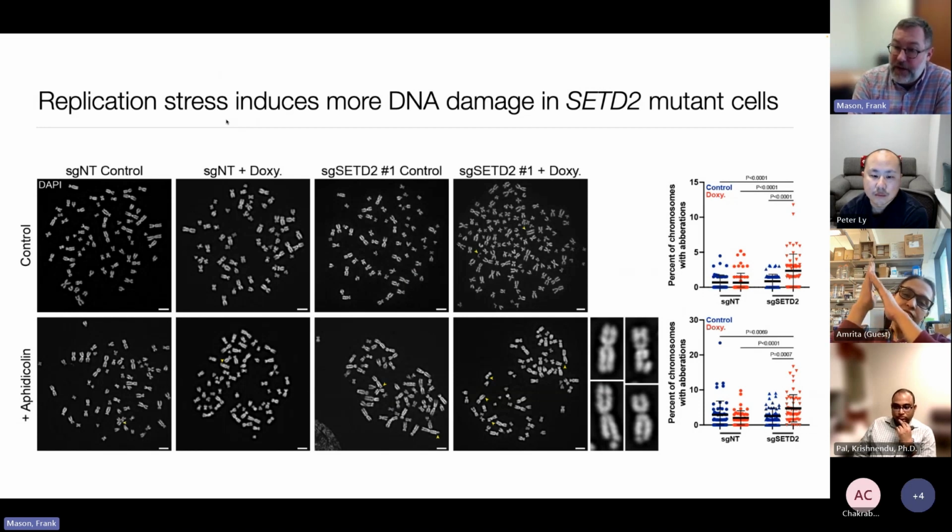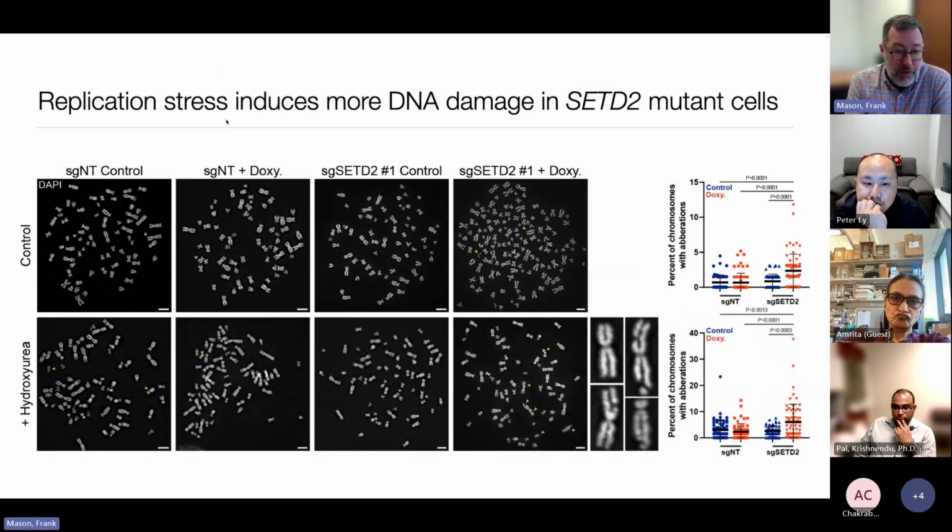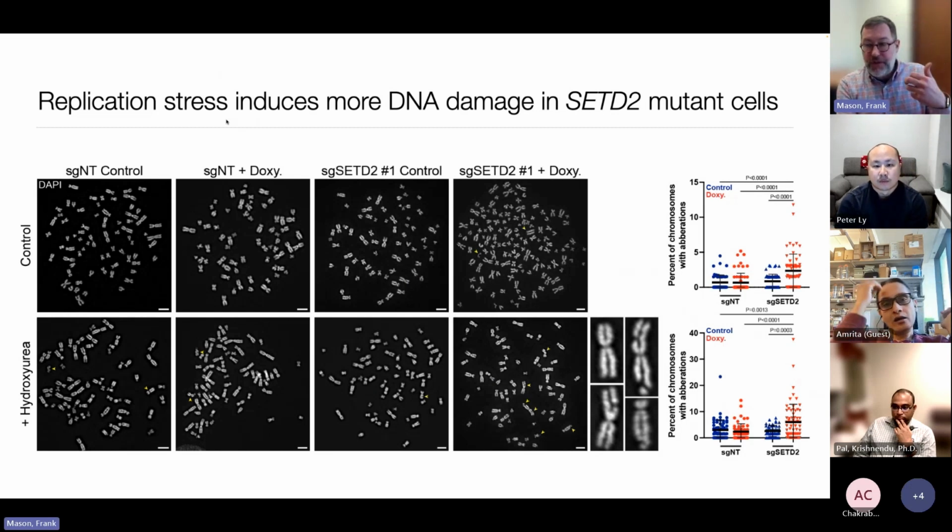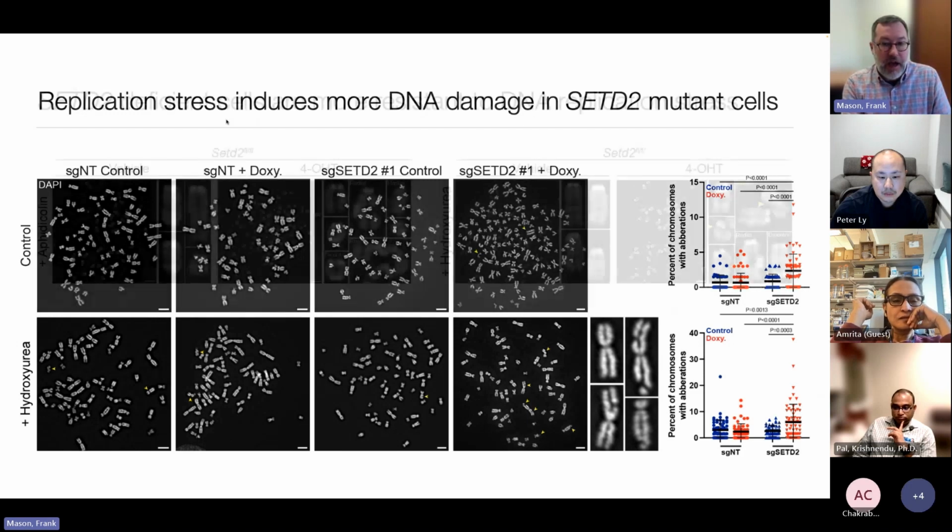We quantified the percent of chromosomes with aberrations in these different conditions, and we can see that SETD2 loss can induce more chromosomes with breaks, and we can exacerbate that through addition of aphidicolin or through another drug that causes replication stress through nucleotide depletion, hydroxyurea. So when we treat cells with these compounds that promote DNA replication stress, there's an increase in the amount of chromosomal aberrations that we see.